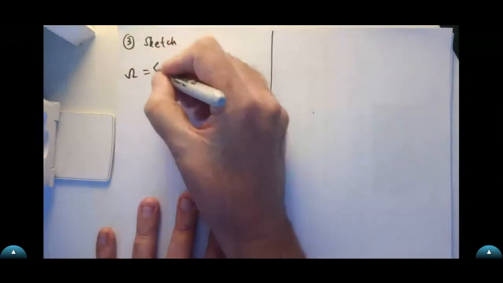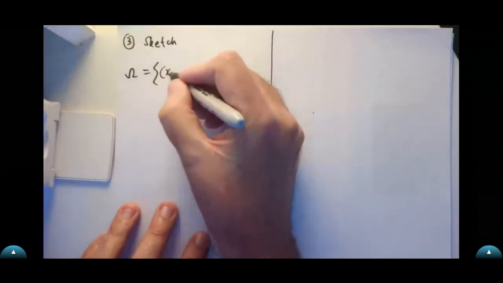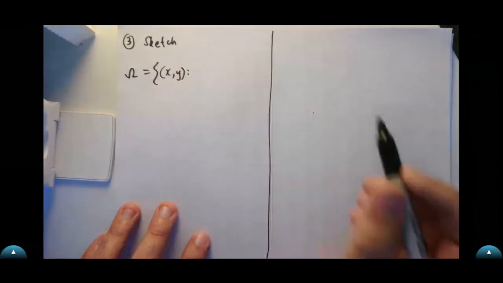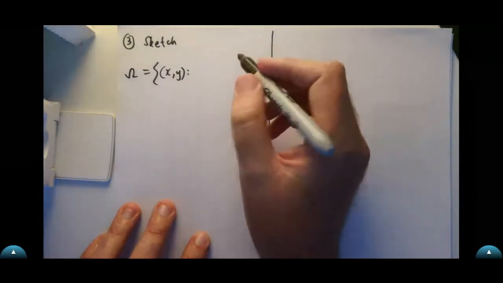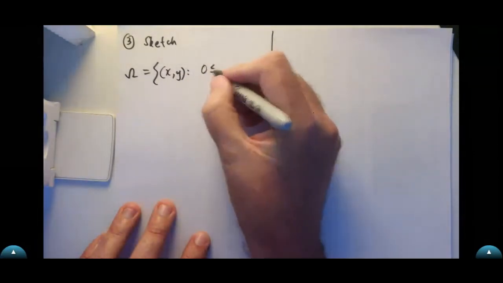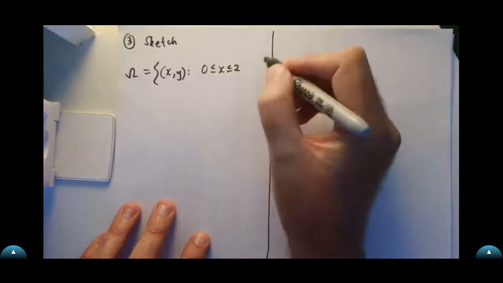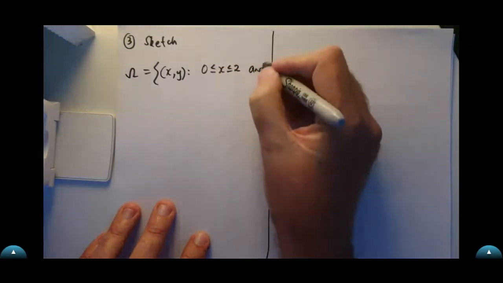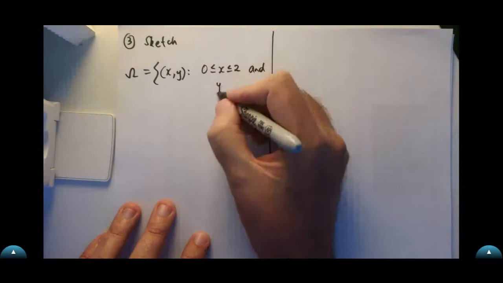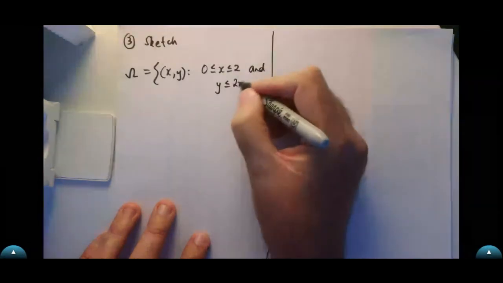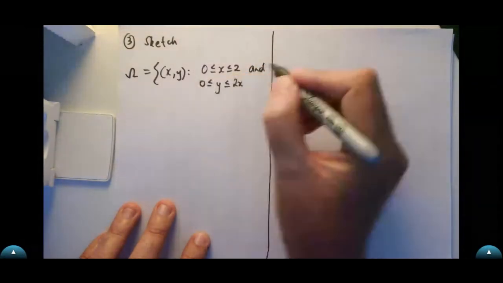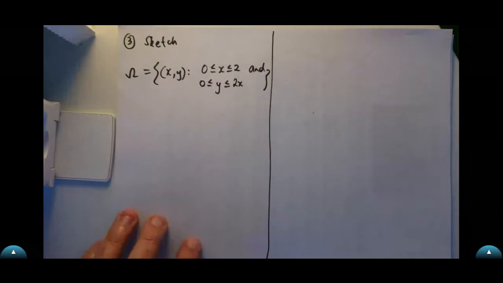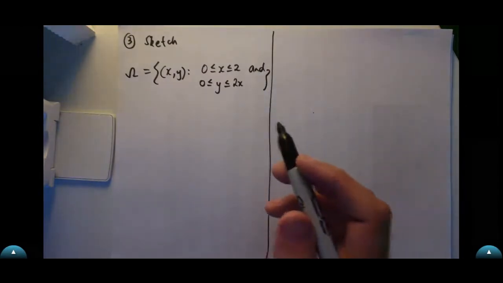I'm going to call this set omega. So it's all those points such that, in the first case, x is between 0 and 2, and y is between 2x and 0. Okay, so this is part A.